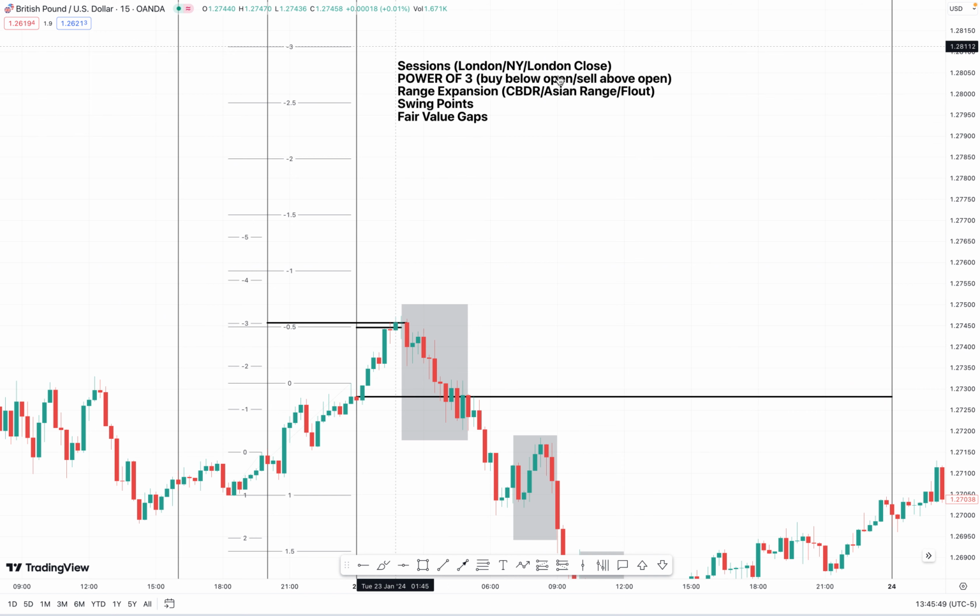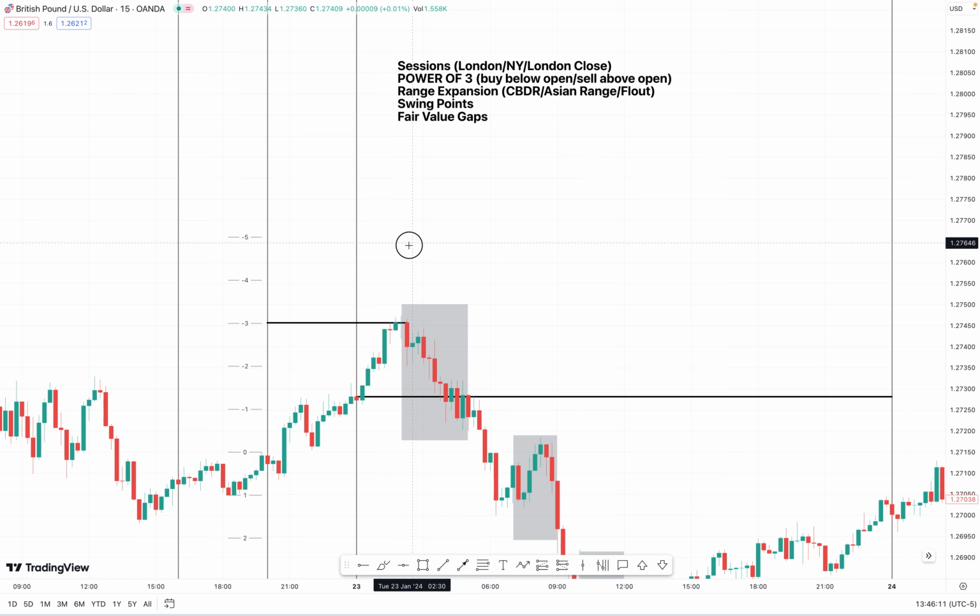So you've got sessions, power 3, range expansion. We already chose which one. We're going to use central bank dealers range and float. I would rather use central bank dealers range, but yeah, let's use central bank dealers range. It just seems like the right one.